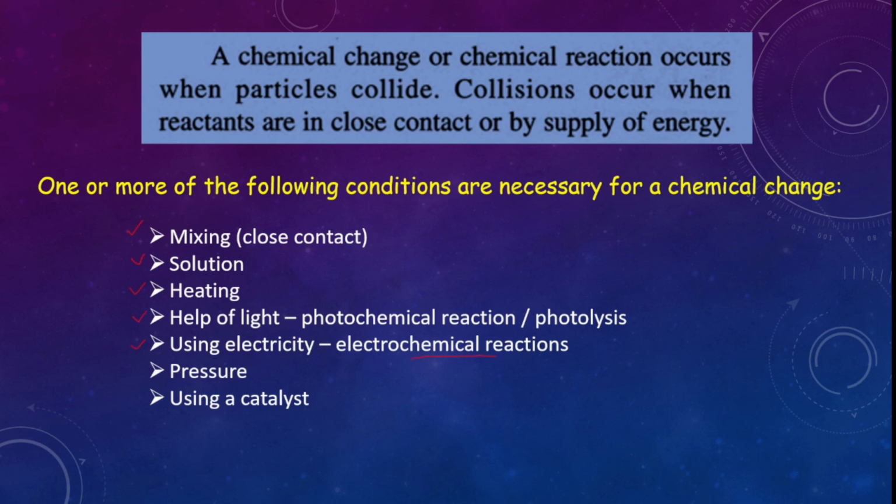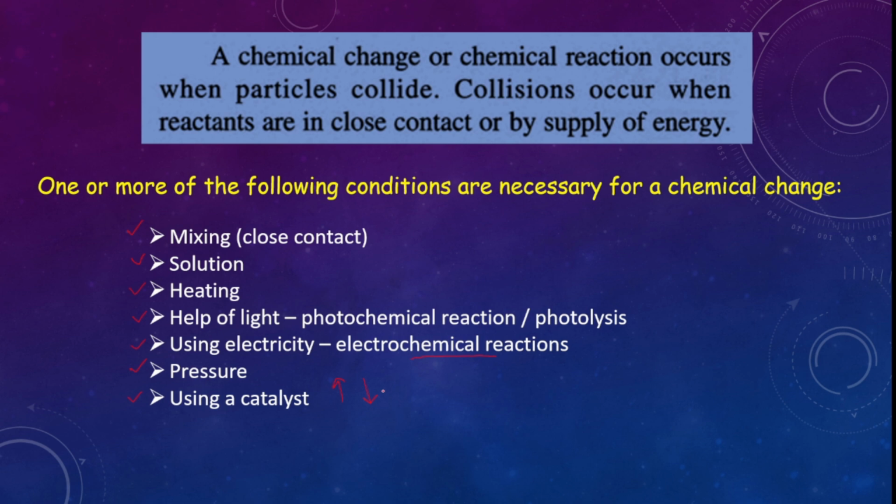In electrolysis, the refining of copper, in order to separate the impurities from copper to get pure copper, we use electrochemical reactions. By increasing or decreasing pressure, chemical changes or chemical reactions may take place. Then using a catalyst. A catalyst is a substance which increases or decreases the rate, or the speed, of a reaction without taking part in the reaction.